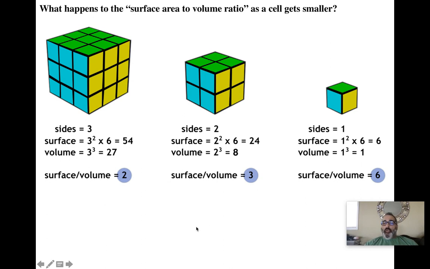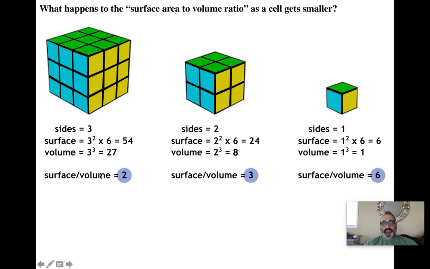So what determines how efficient a cell works has to do with a ratio. You take the surface area, divide it by volume, and you get a number. The larger the number, the more efficient the cell is, and I'm going to explain what that means.